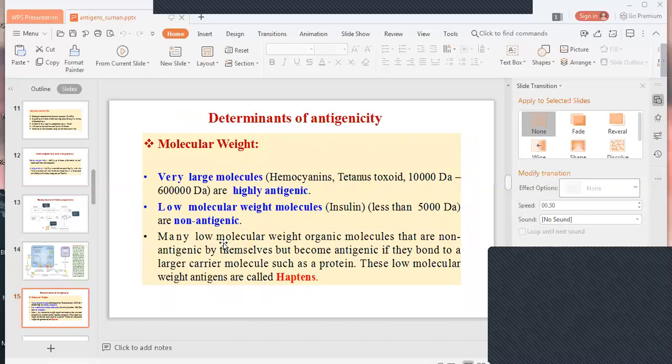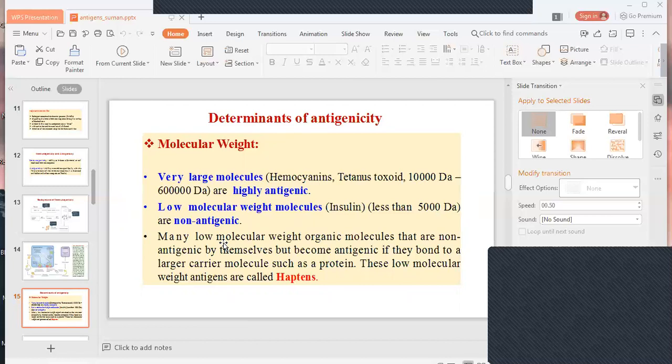Now there are different determinants of antigenicity. I am discussing a few here. The first one is molecular weight. On the first day when we discussed what sorts of proteins can be called antigen, I said that proteins with a molecular weight of 10 kD to 600 kD with complex structure can be considered as antigen.